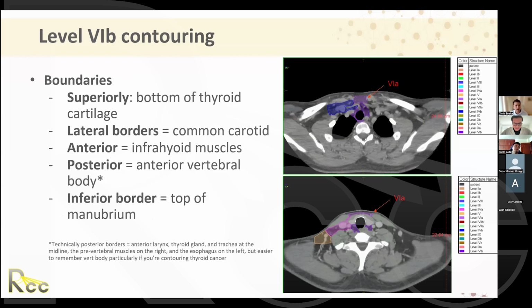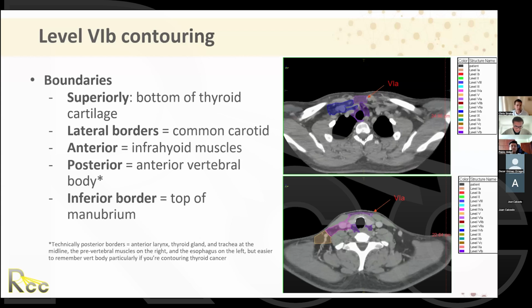For level 6B, the contours are fairly straightforward when you look at them visually, but when talking through them or reading about them, it's quite wordy, because they cover a large amount of sup-inf area of the neck, and the anatomy is changing.